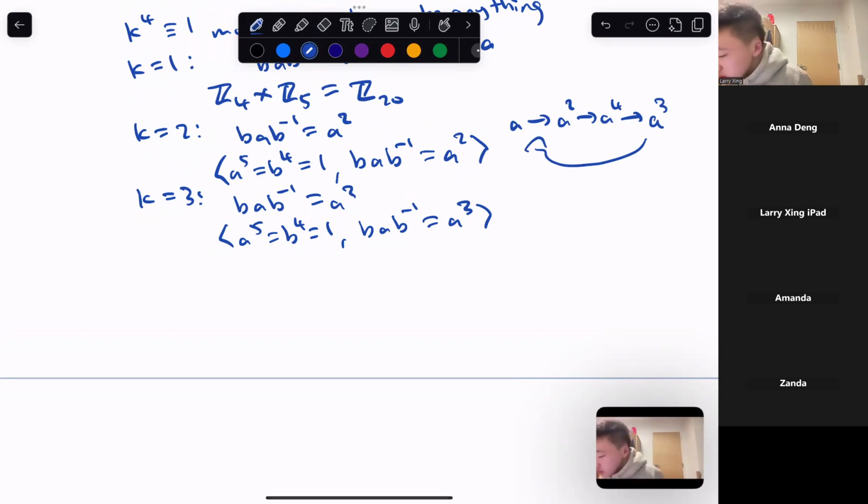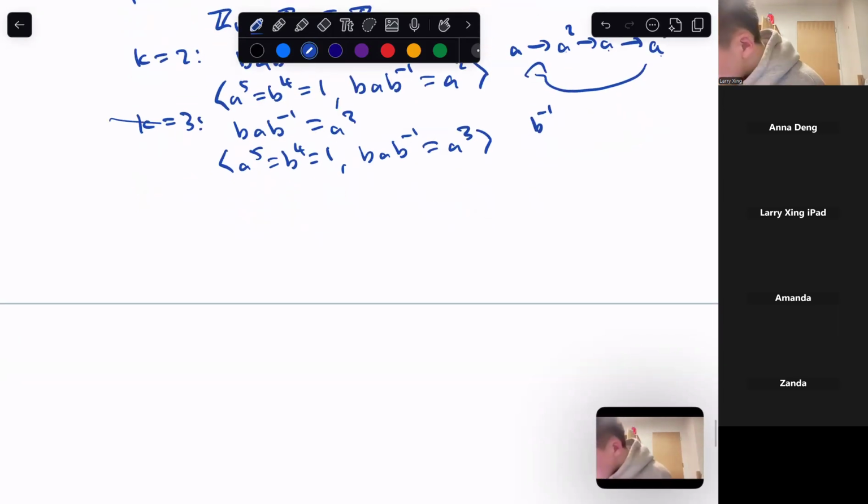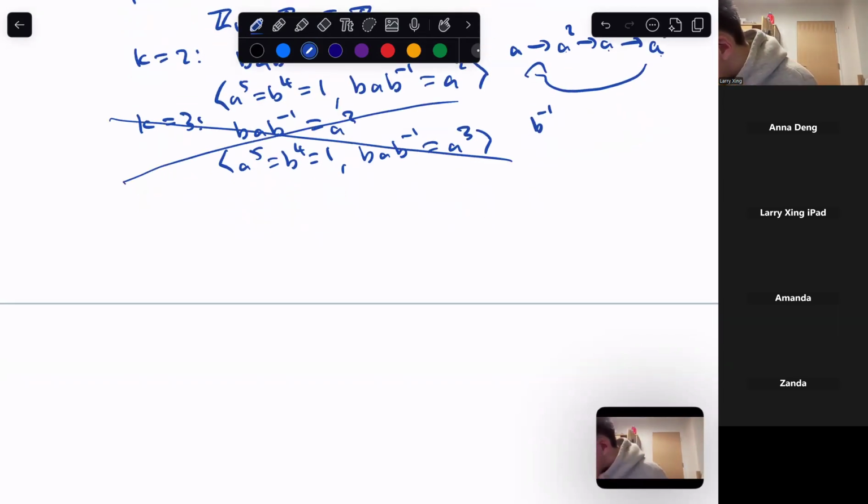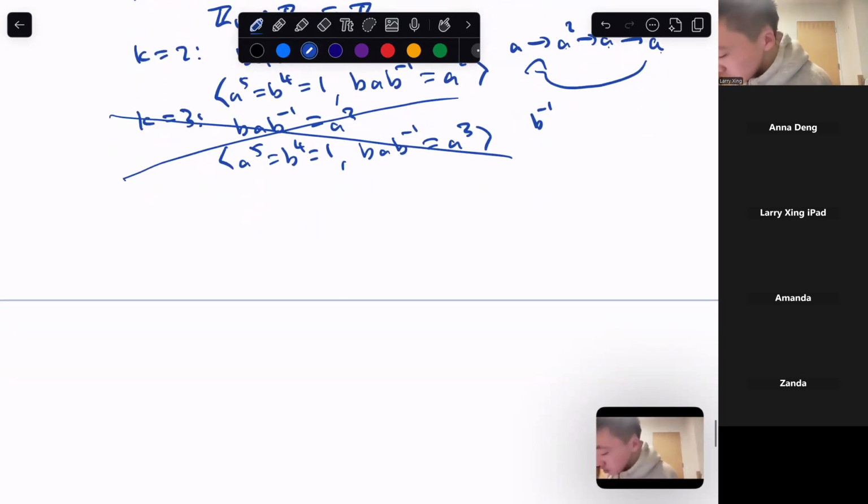So that means you must have an element b to the negative 1, which maps from a to a cubed and back to a to the 4 and back to a squared and back to a. So if your isomorphism maps a to a and b to b inverse, then you can have an isomorphism between k equals 2 and k equals 3. So this case is isomorphic to k equals 2.